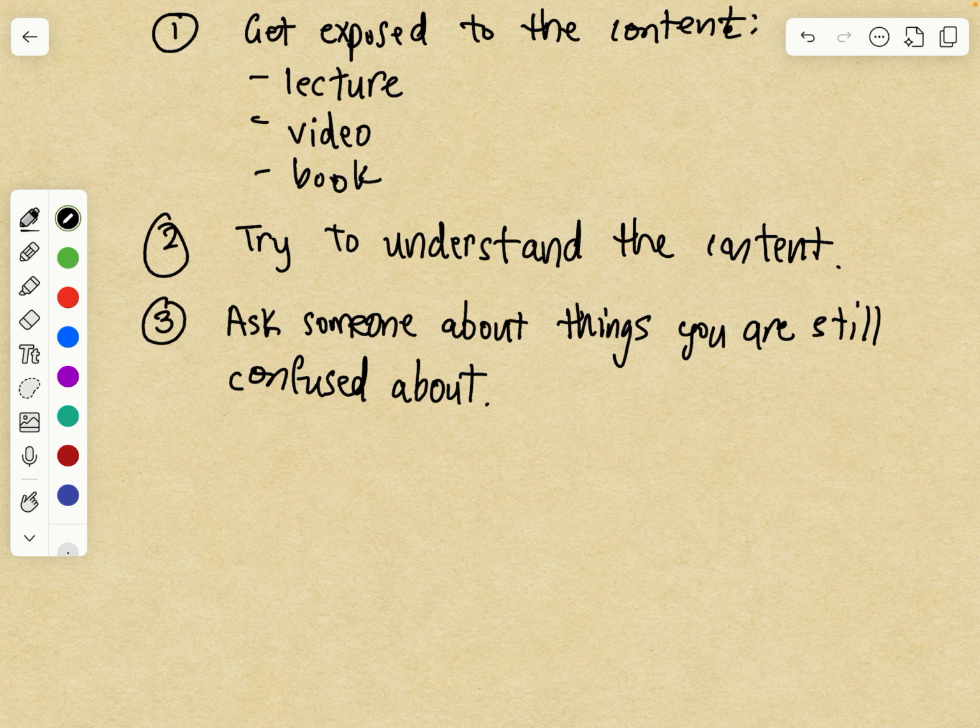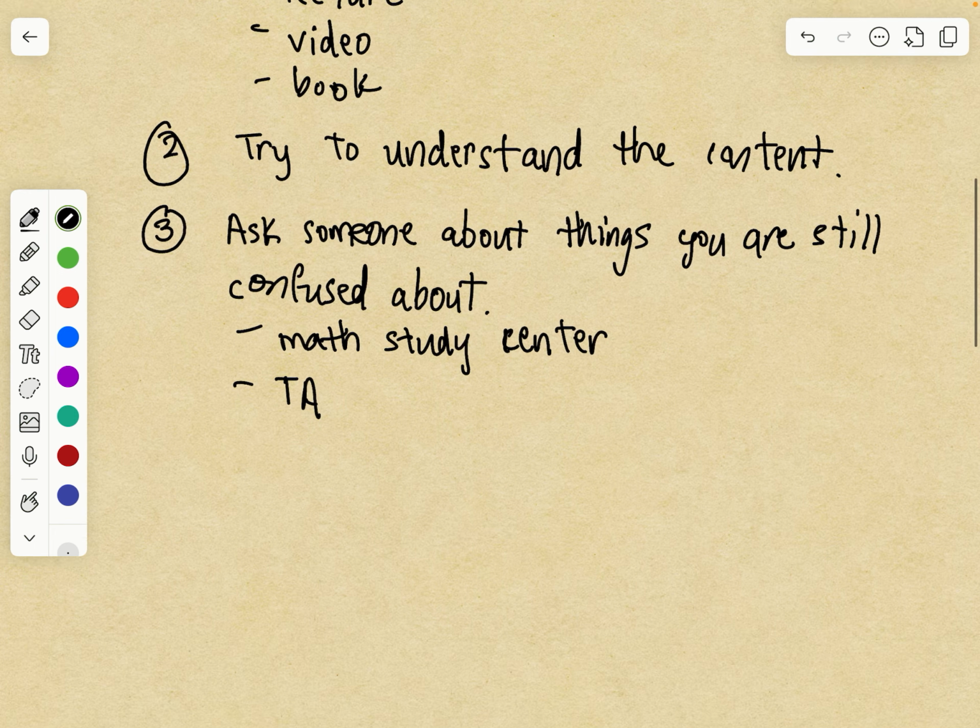That's step 3. So step 3 could be, how can you ask someone? Well, if your university or college has a math study center or math learning center, then that would be a place where you can find people who can help you. A teaching assistant, if your class has a teaching assistant, then that's someone you can ask.